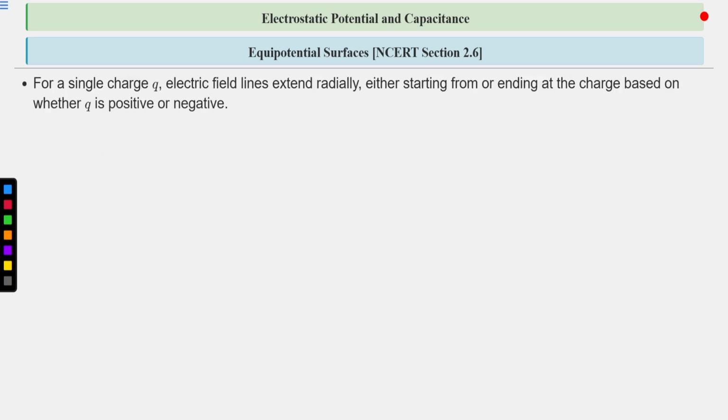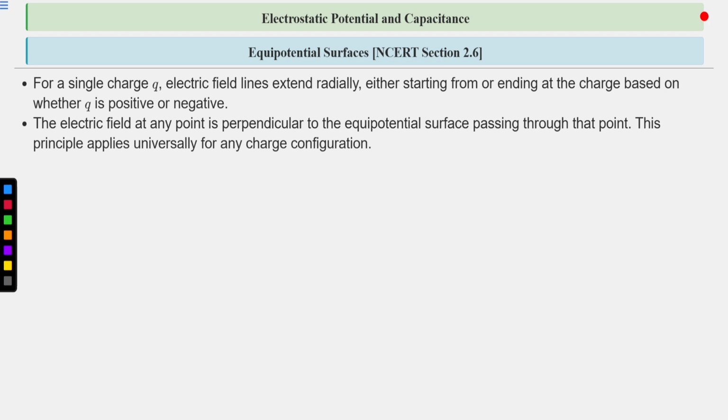For a single charge Q, electric field lines extend radially, either starting from or ending at the charge based on whether Q is positive or negative. The only electric field difference is between positive and negative charge. For positive charge, it is radially outwards, and for negative charge, it is radially inwards. But equipotential surfaces are the same.